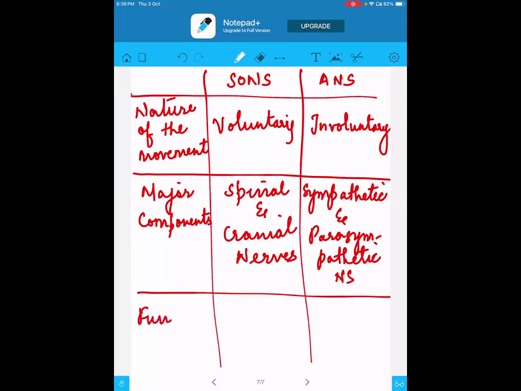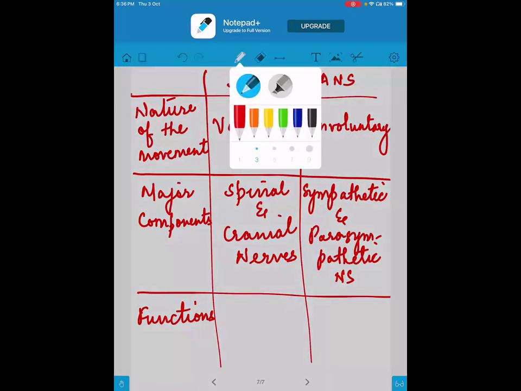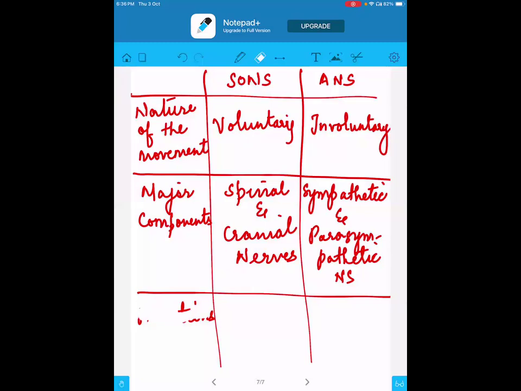So which do you think will be more complex, the somatic or the autonomic? Somatic, we can control them, children. Yeah, autonomic. Autonomic, because we cannot control them. That is why they become more complex.